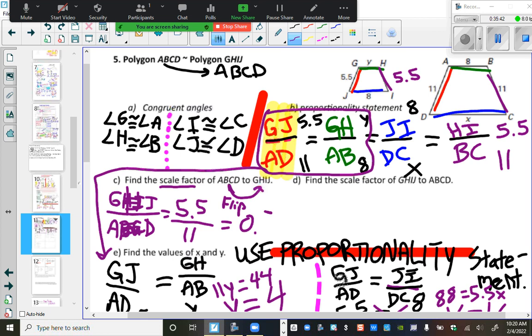What's the fraction equivalent of 0.5? 50%. That means we have exactly 1/2. Good.